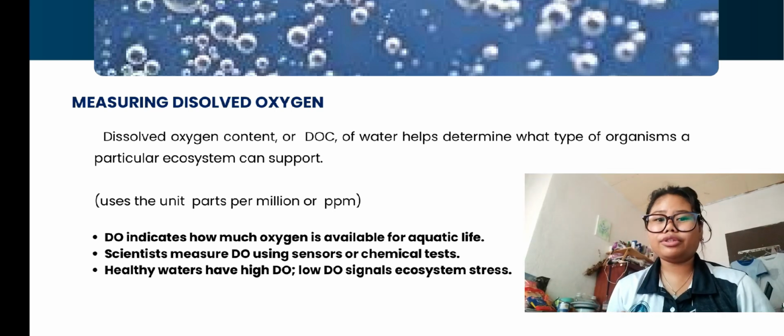High DO levels usually mean the water is clean and supports a healthy ecosystem, while low DO levels indicate that the ecosystem is under stress. This often occurs in polluted or stagnant waters, especially where there's too much organic waste or nutrient pollution. And when algae or organic matter decompose, bacteria use up oxygen, leaving less available for fish and other organisms.